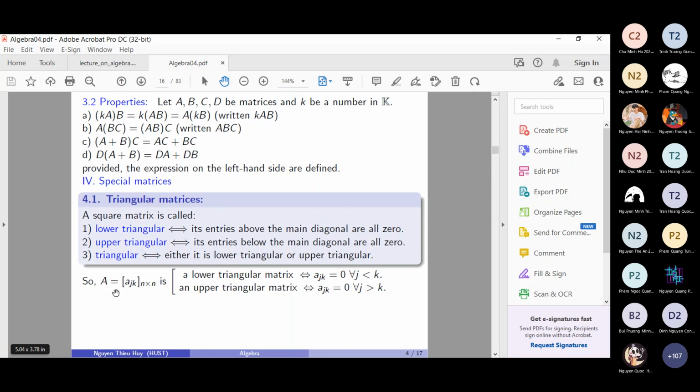Let's consider an n by n square matrix, with entries a_jk. It is a lower triangular matrix if and only if a_jk is 0 for all j less than k. When the first index is less than the second index, it means the entry is above the main diagonal.